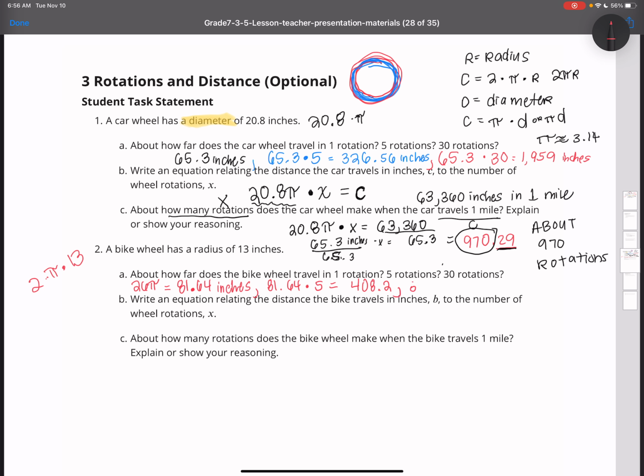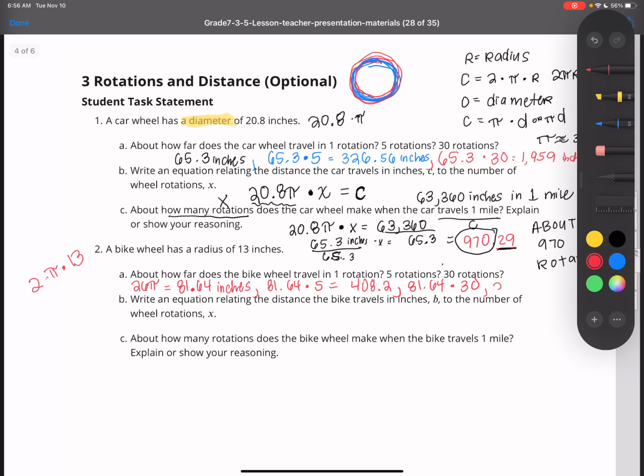And then I'm going to multiply that same number times 30. All right, it's going to give me, oops, I should have never put a comma. Let me take that back.